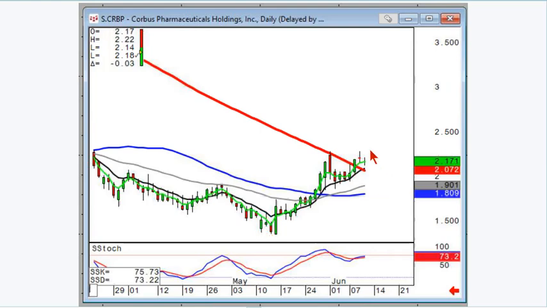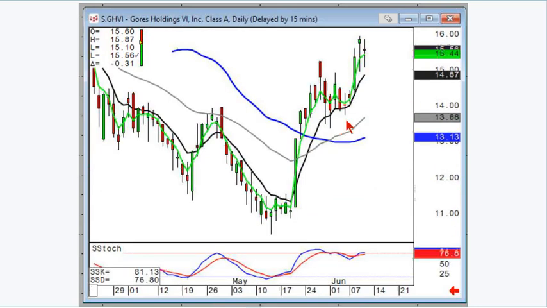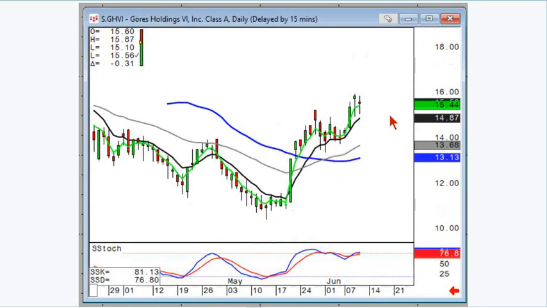So if this opened positive tomorrow, that's pretty much telling you the Bobble breakout is still in progress. GHVI, that's getting a little bit testy. If you're long, you just stay long as it stays above the T line.